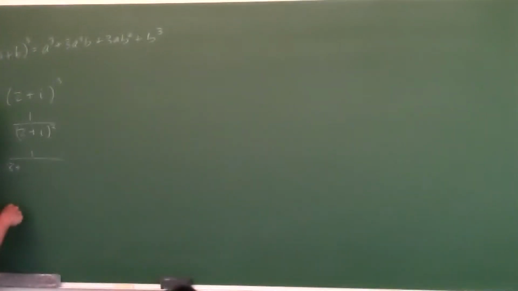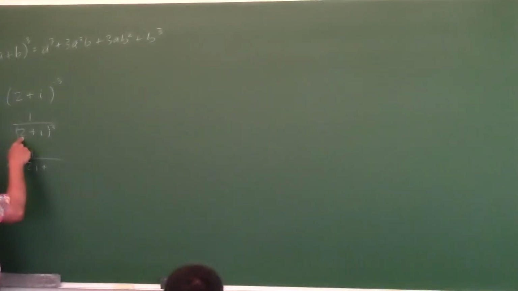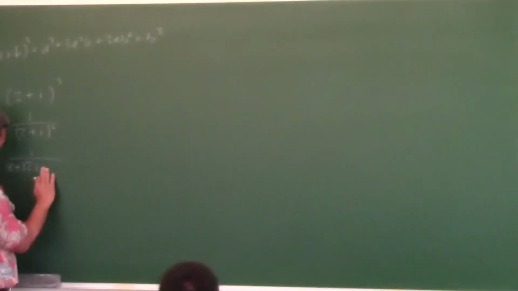So what is 3 times that squared times that? 12i, plus 3ab squared. 3 times that, 6 times that squared, which is negative 1, minus 6.